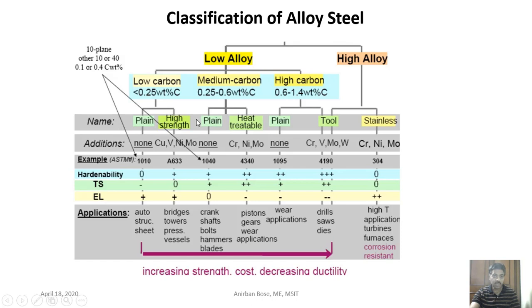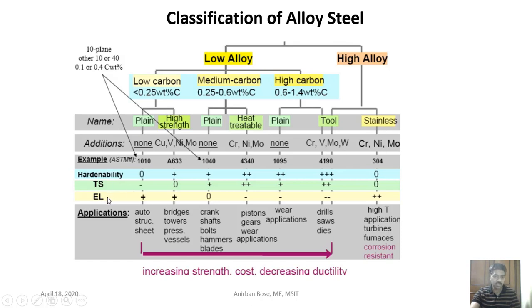Here in case of a medium carbon, you can see again it can be plain or some heat treatable alloying elements are also there. Similarly in high carbon, it can be either plain or some alloying elements are added to improve the properties. In case of high alloy, you can see either tool steel or stainless steel, where a large amount of alloying elements are present.